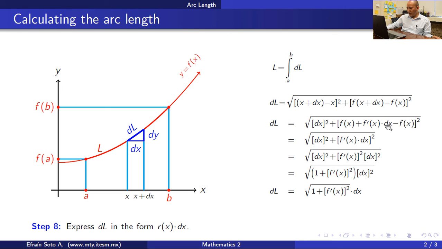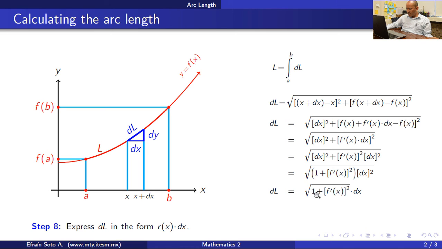So after simplifying, f of x minus f of x will cancel each other, so I get f prime of x times dx and the square of it, and in this case dx came from x plus dx minus x and squared also. So this is the horizontal cathetus, and the other one is the vertical cathetus, and the root of the sum of the squares of the catheti will be the length of the hypotenuse.